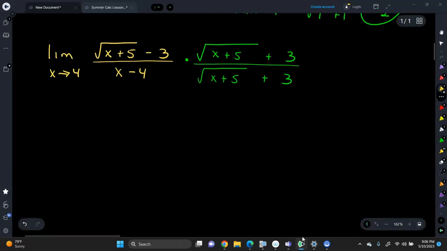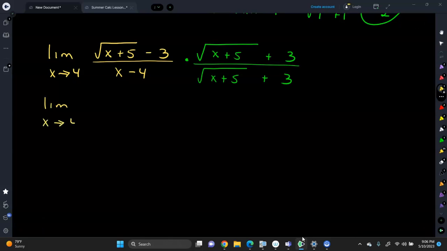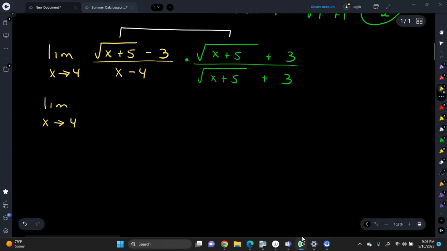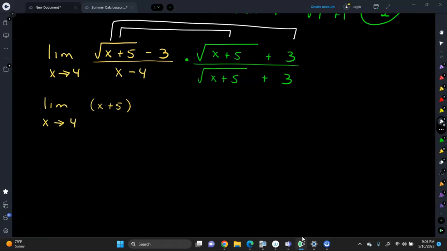Okay, that's going to give us the limit as x approaches 4. Okay, and we're going to FOIL again, right? So there we get just x plus 5. And then when we multiply the outsides, we get 3 square root of x plus 5, and when we multiply the inside, we get negative 3. These two parts are always going to cancel out if you multiply by the conjugate.